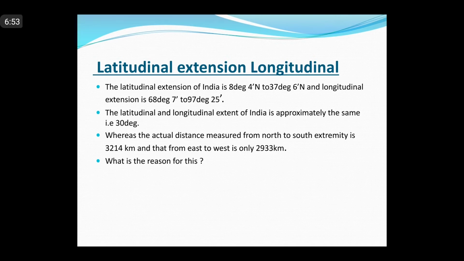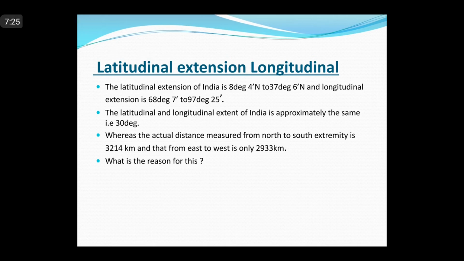Okay, then India's territorial limit further extends towards the sea up to 12 nautical miles, as I just told you. And the longitudinal difference between Saurashtra in the west and Arunachal Pradesh in the east is about 30 degrees. Now, you must know that the earth moves around its axis through 360 degrees in how many hours? In 24 hours, right?